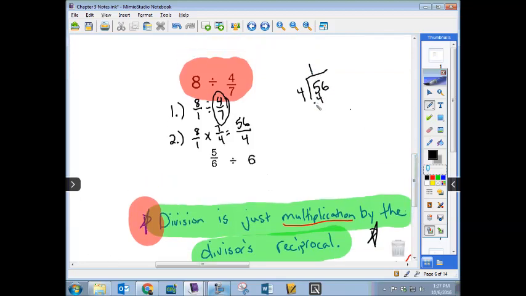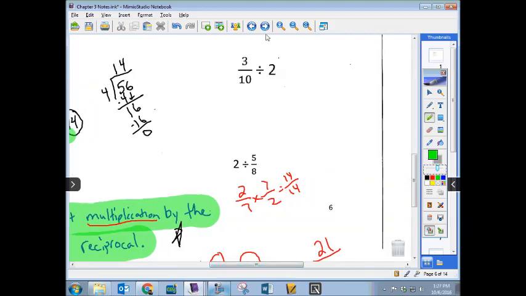Multiply it around, 1 times 4. Subtracting it, 1, bring down a 6. 4 goes into 16 4 times. Again, we did not get a remainder, so that answer would be 14. Notice how neat I'm doing this every time. I am doing 1 step, 2 steps. Okay? Let's go to the next page.